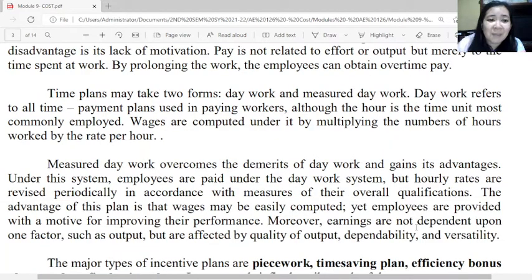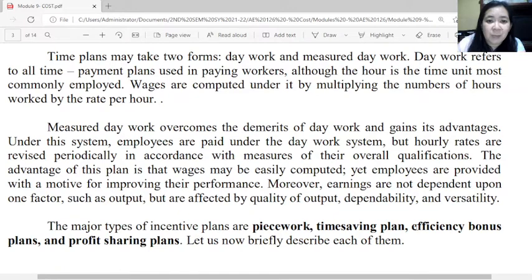Time plans may take two forms. Okay, so we have day work and measured day work. So day work basically refers to all time payment plans used in paying workers, although the hour is the time unit that is commonly used.